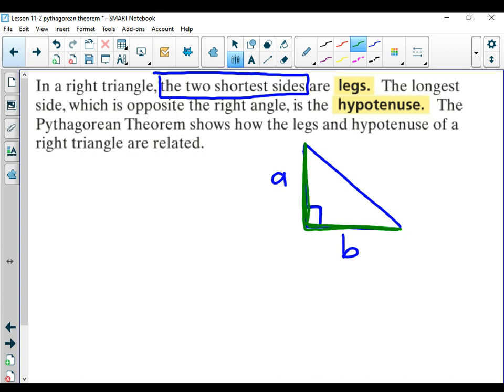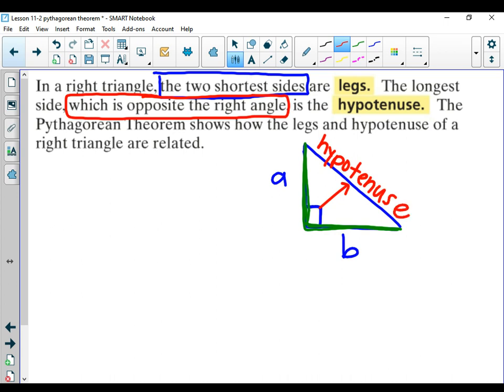That leaves us with the other side, which is opposite the right angle. Once you find the right angle, if you go across, that is C, which has a fancy name called hypotenuse.